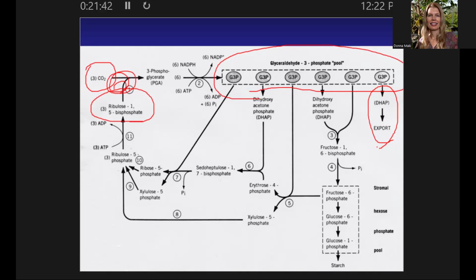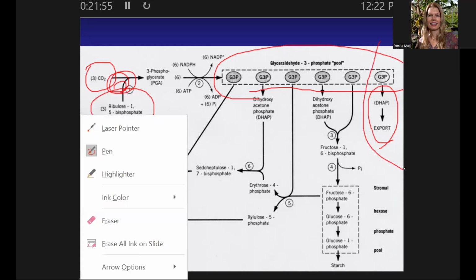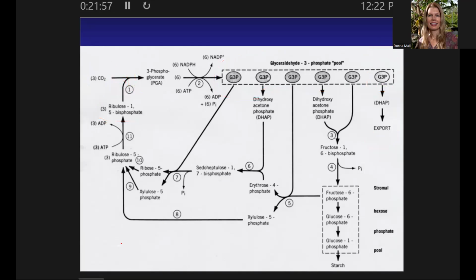All the rest is being used to make more RUBP. Okay. So we're not gonna get into the nitty gritty, but there's a few things on here to key in on. I like to call it the numbers game, where we're counting carbons and the magical number is 5. We want to get to 5 because that's what RUBP is. It's a 5 carbon sugar.